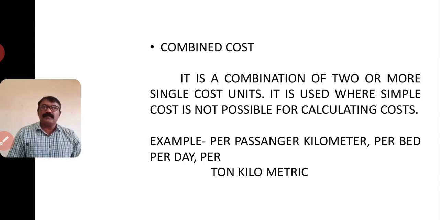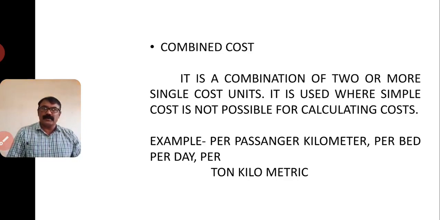After the simple or single unit, we go for the combined cost. It is a combination of two units. It is used where a simple unit is not possible for calculating or ascertaining cost. When it is not possible by a single unit, we combine two units.